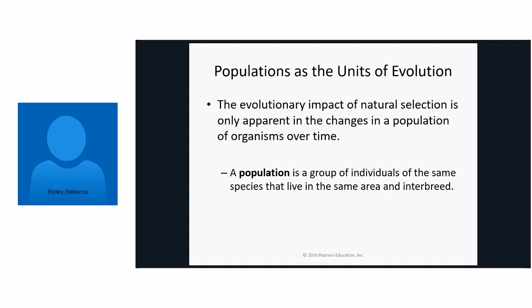An example of that could be the turtle. For example, in the Galapagos Islands there is a population of turtles living together, in the same weather and climate conditions, and they breed with one another. So it's that type of situation where a population will evolve together over time.